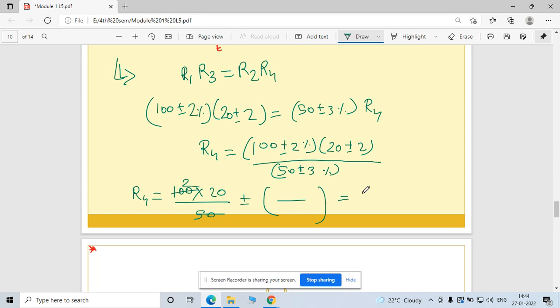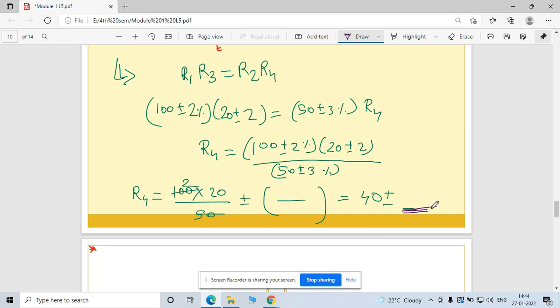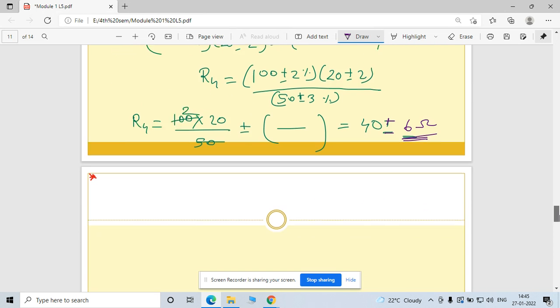So when you solve it, you will get 40 plus minus your error part. Solve this error part. It will come to this much. Do these calculations properly. This is nothing but 6 ohm. This is plus minus 6 ohm. Try to find out and match your answer.